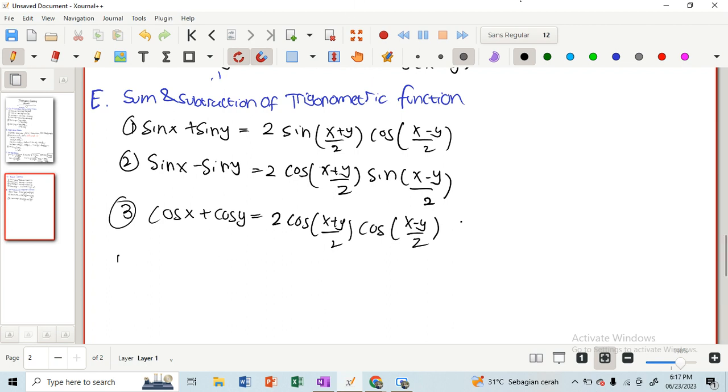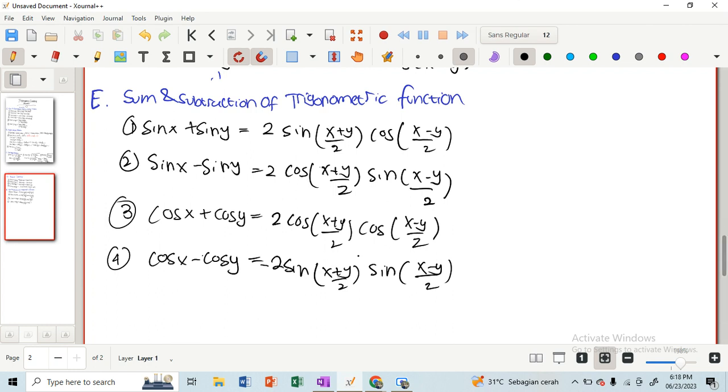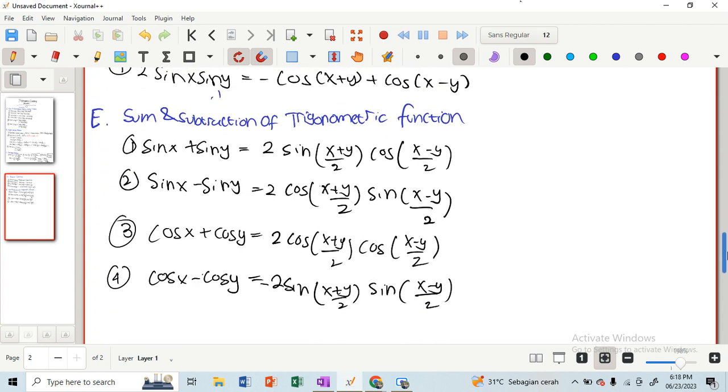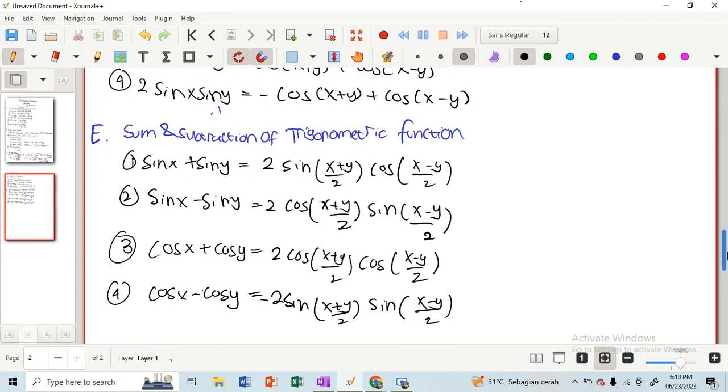And then for the subtraction, cosine of x minus cosine of y, there would be minus 2 sine of x plus y divided by 2 times sine of x minus y divided by 2. So you could see the pattern here, from the sum and subtraction of trigonometric function.